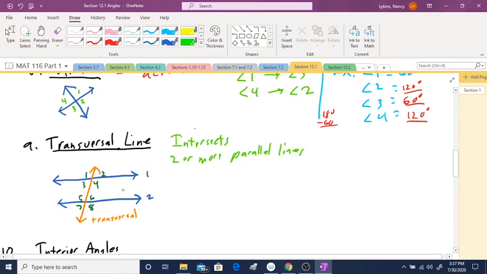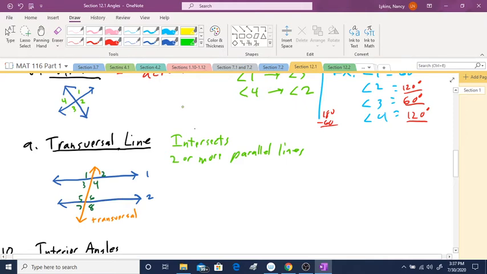So 1 and 2 have to be parallel. Okay, the orange line is a transversal line. 1 and 2 are parallel lines. So that's what a transversal does.